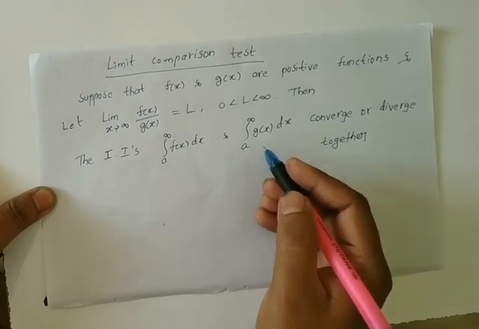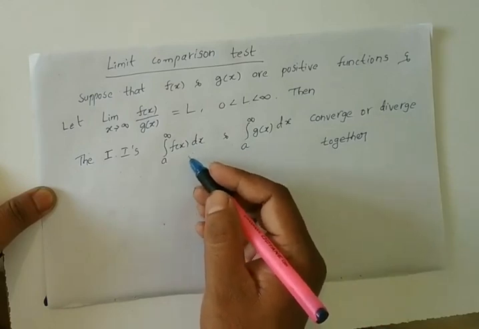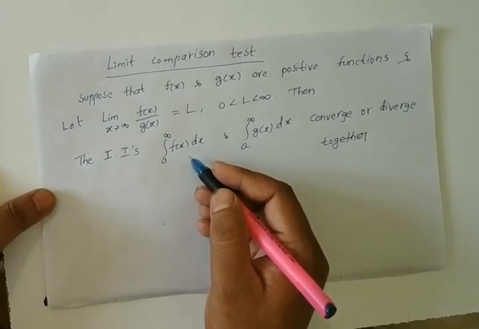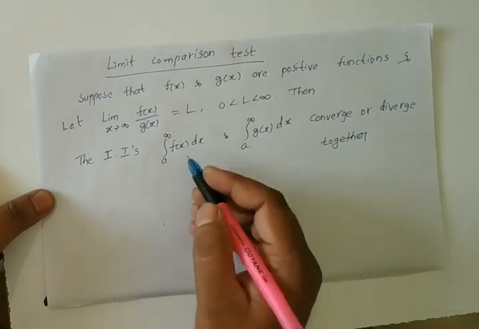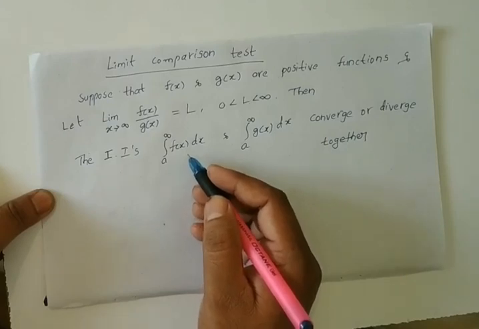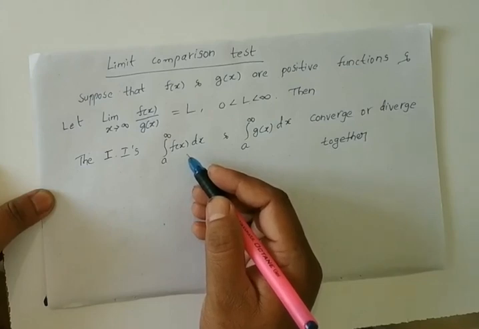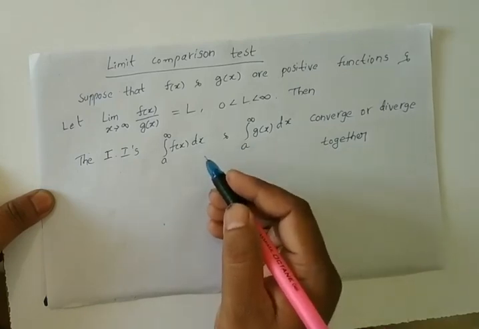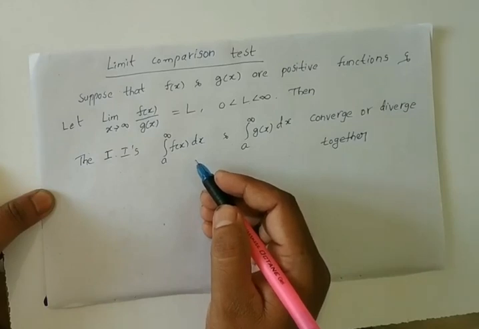That means either both integrals are convergent or both integrals are divergent. If one improper integral is convergent, then the other improper integral must be convergent. Similarly, if one improper integral is divergent, then the other must be divergent.